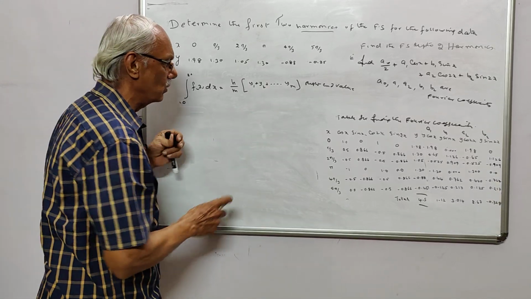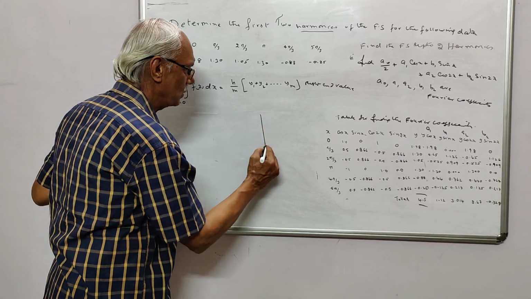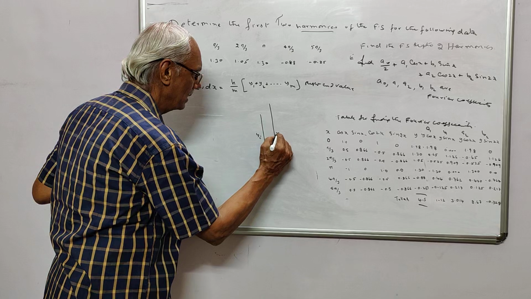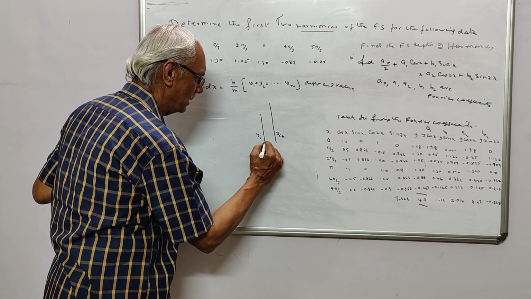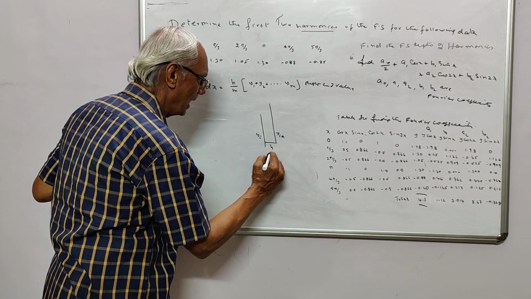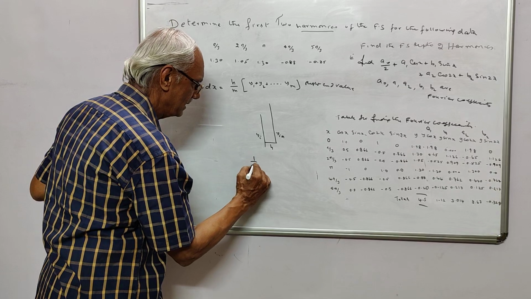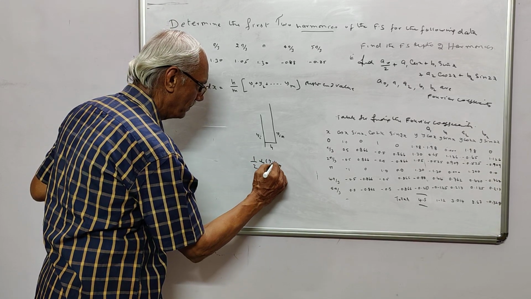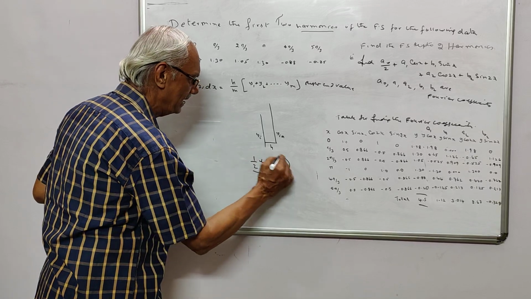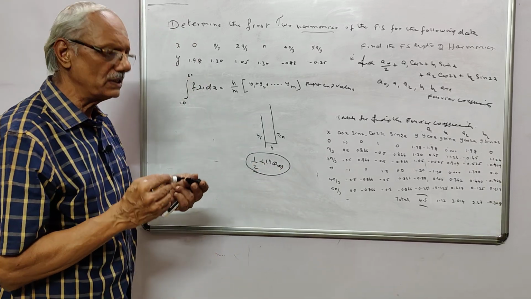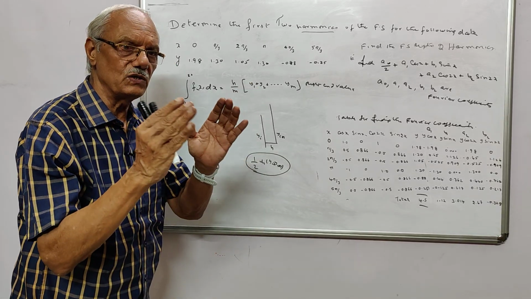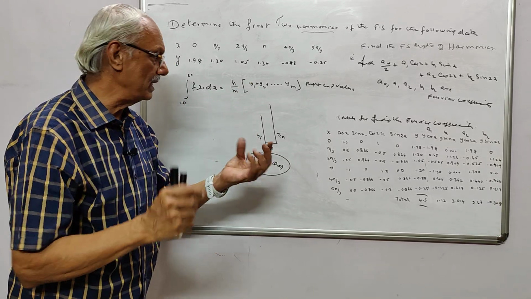Actually, we use the concept that if you take yi and yi plus 1, the height is h, and the area of this is half h into yi plus yi plus 1. So this is the area of one bit of the trapezium. The curve will be divided into a lot of strips like this.